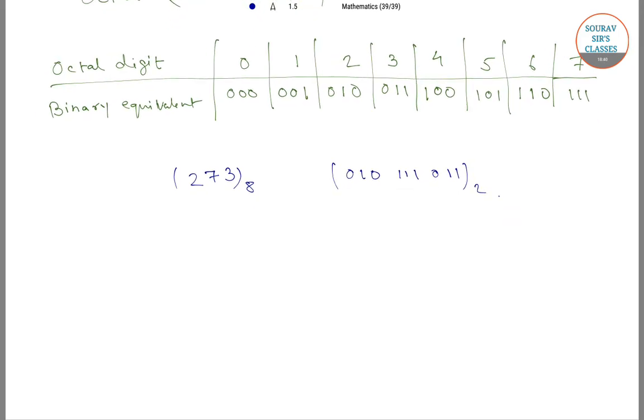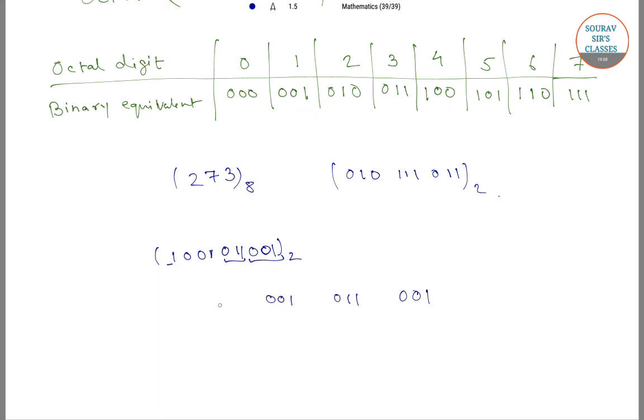Similarly, if we have to convert a binary number into octal, suppose we have to convert 100011001001, we take triplets. The first triplet is 100, next is 011, then 001, 001.